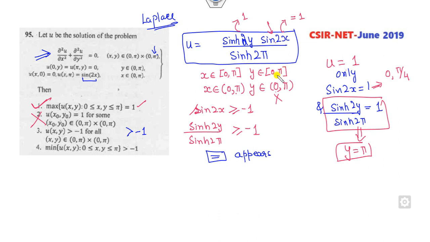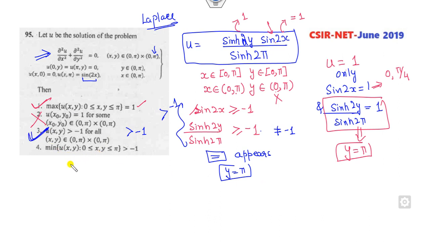Equality appears only at the end points, or you can see here this equality appears when y is equal to pi, but pi is not in the interval, so it means this can never be equality. Once this number can never be minus 1, the product can never be equality. So what is the meaning of that? This is strictly greater than minus 1, so that's satisfied.